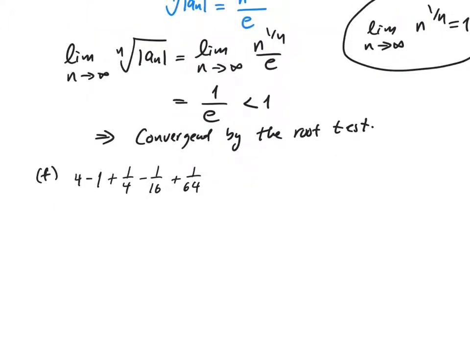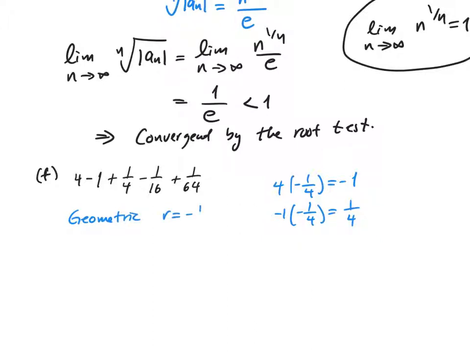Part F looks like a geometric series, and we have to check. Notice that 4 times negative 1/4 gives you negative 1, and negative 1 times negative 1/4 gives you 1/4. So therefore this is a geometric series.